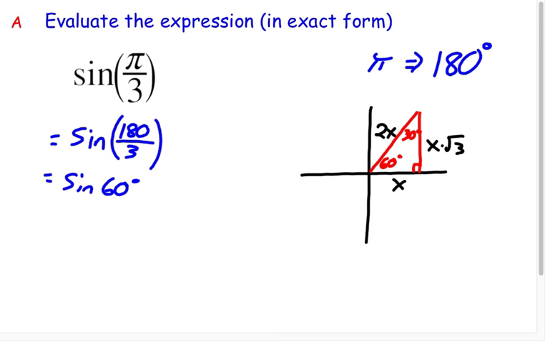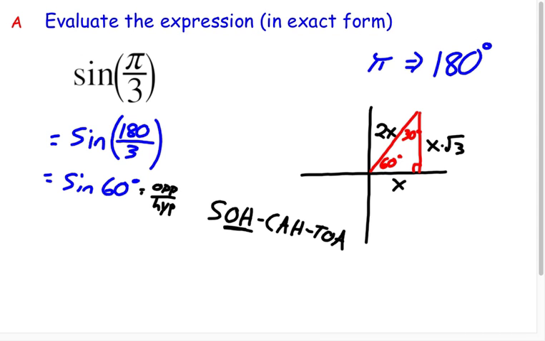So this picture here is my model that I'm going to use as I come back over here. When it asks me what is the sine of 60, I need to remember, going back to SOHCAHTOA, that sine is opposite over hypotenuse. So the question now is, what is opposite? What's my hypotenuse?